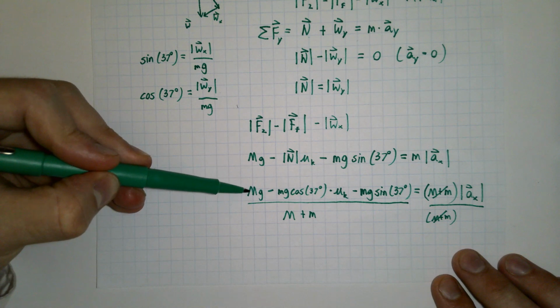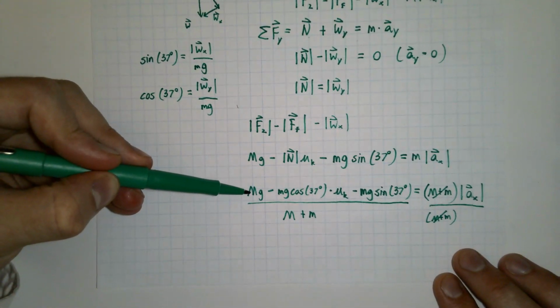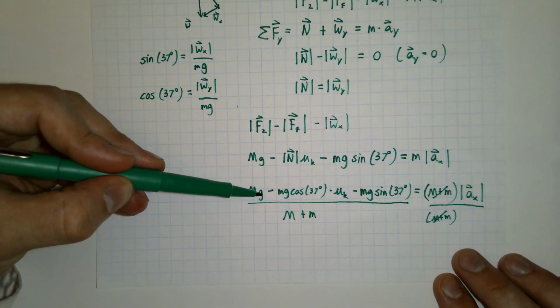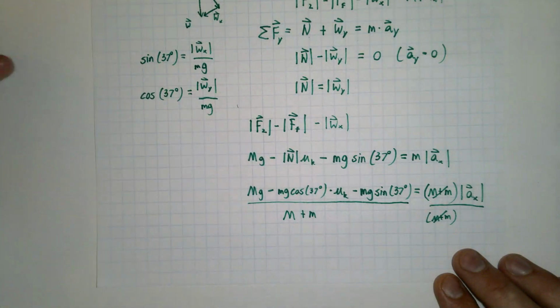This large M stands for the larger mass, so 16.0 kilograms. The g we see in each of these terms is the gravitational field, 9.80 newtons per kilogram.